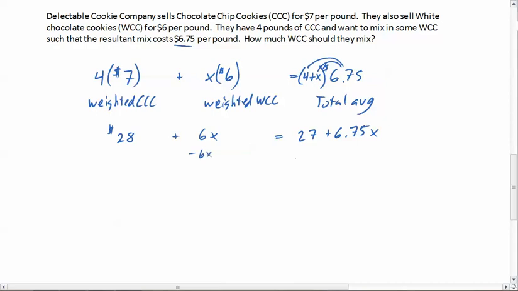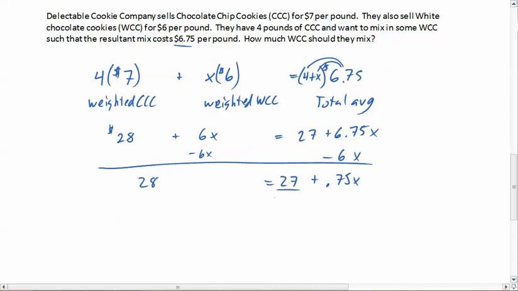From this point we can solve. We can subtract the 6x. A lot of people like getting that by itself first, so that's what we're going to start with. So we got 28 equals 27 plus 0.75x. We're going to not divide. Subtract. You're such a silly man. We're going to subtract the 27, and when we subtract the 27, we're going to get 1 equals 0.75x.